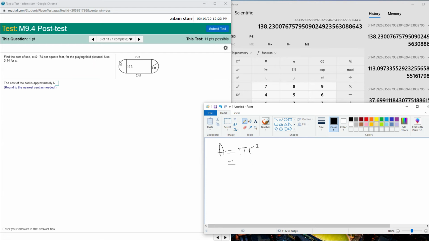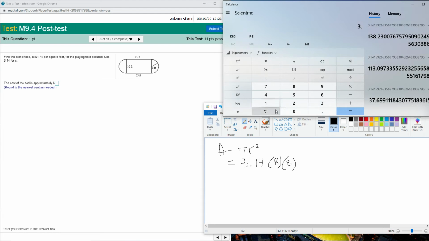Okay, so of my semicircles, I know my radius is 8, it's telling me here, and it's half this. So my area here will be 3.14 times 8 times 8. Okay, putting this in the calculator, 3.14 times 8 times 8.